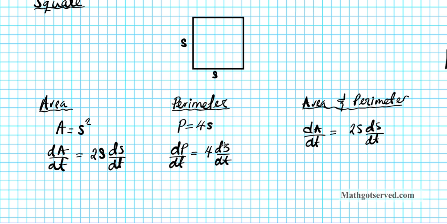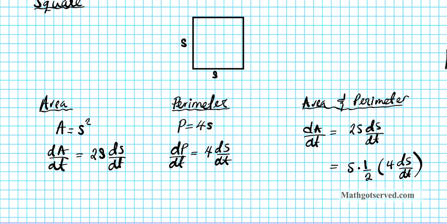We know that dP/dt is 4 ds/dt. So let's see, what can we do here? What is the relationship between 4 and 2? If you take half of 4, you get 2, right? So we can write this as, take out the s, and then times 1/2 of 4 ds/dt.